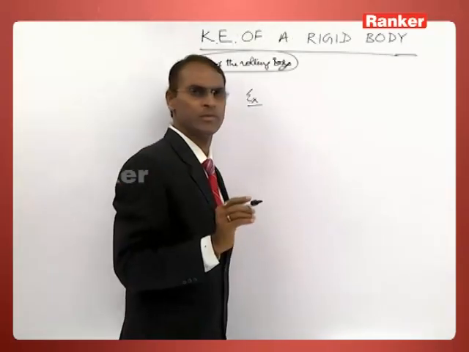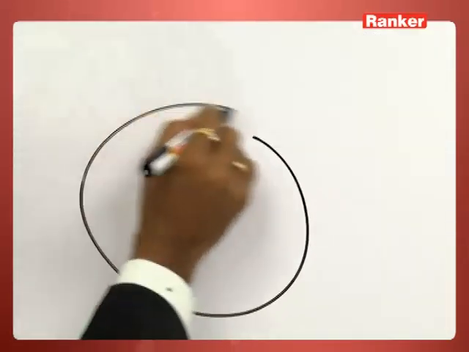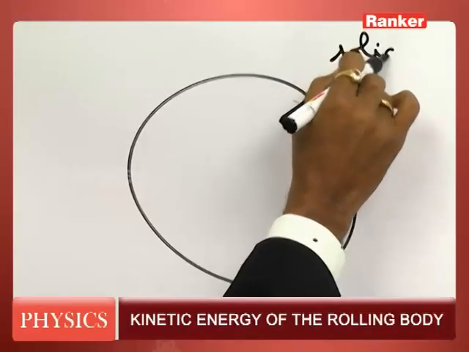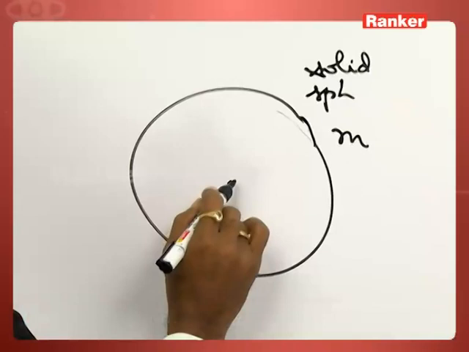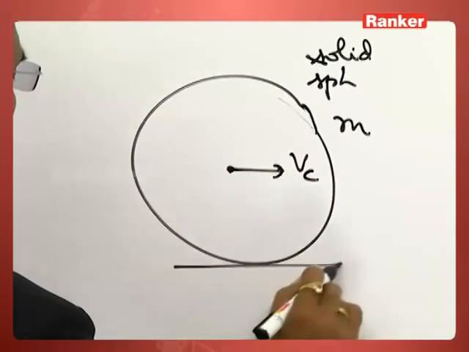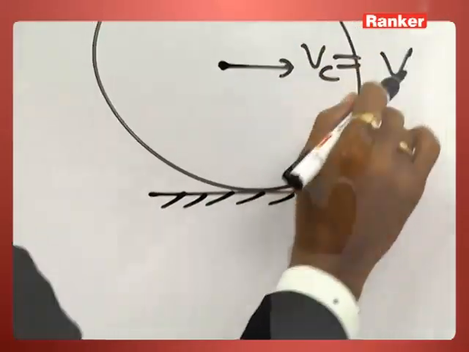Let's take an example. This is a solid sphere of mass m and velocity of the center of mass is Vc, that's equal to v.